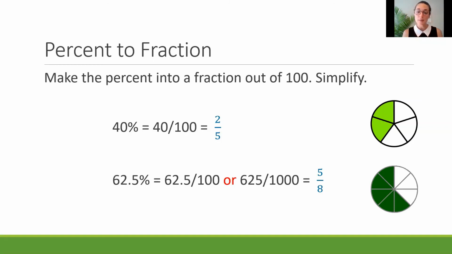So that would mean that my number becomes 625 out of 1,000. And again, these are equal. 62.5 out of 100 and 625 out of 1,000 have the same value. So if I simplify the 625 over 1,000, eventually, by the simplification process, I will get 5/8.